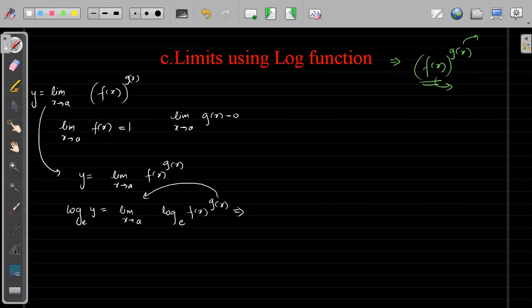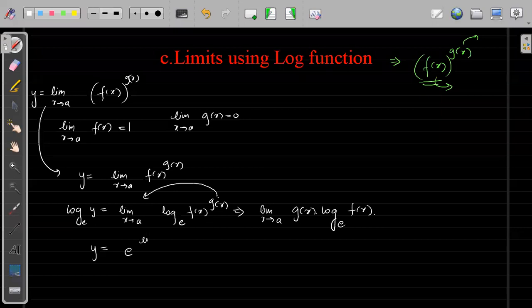This helps us in bringing g of x outside. So this will become limit x tending to a of g of x into log base e f of x. Now we can take the log outside again, so y is equals to e to the power limit x tending to a of g of x into log base e f of x.